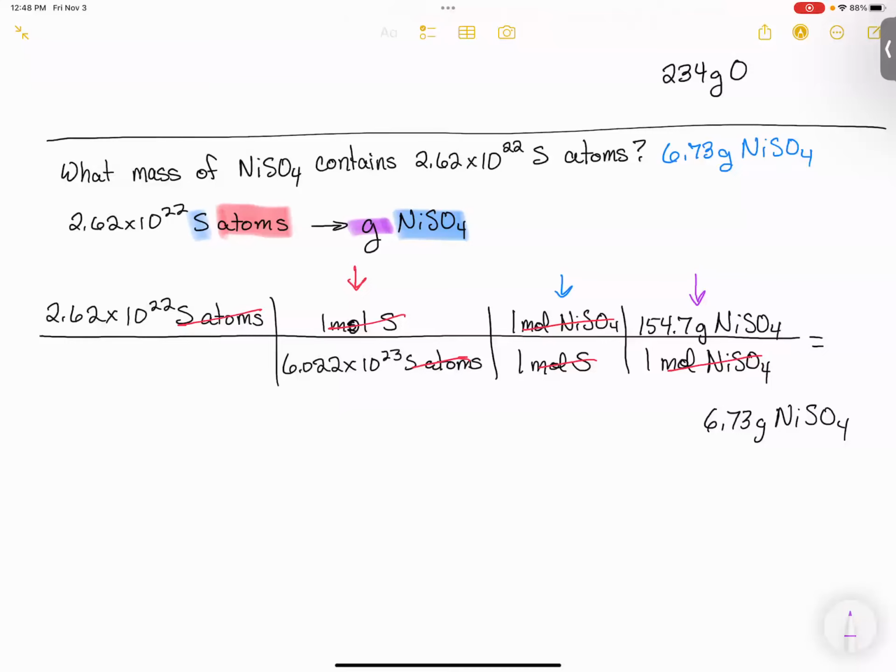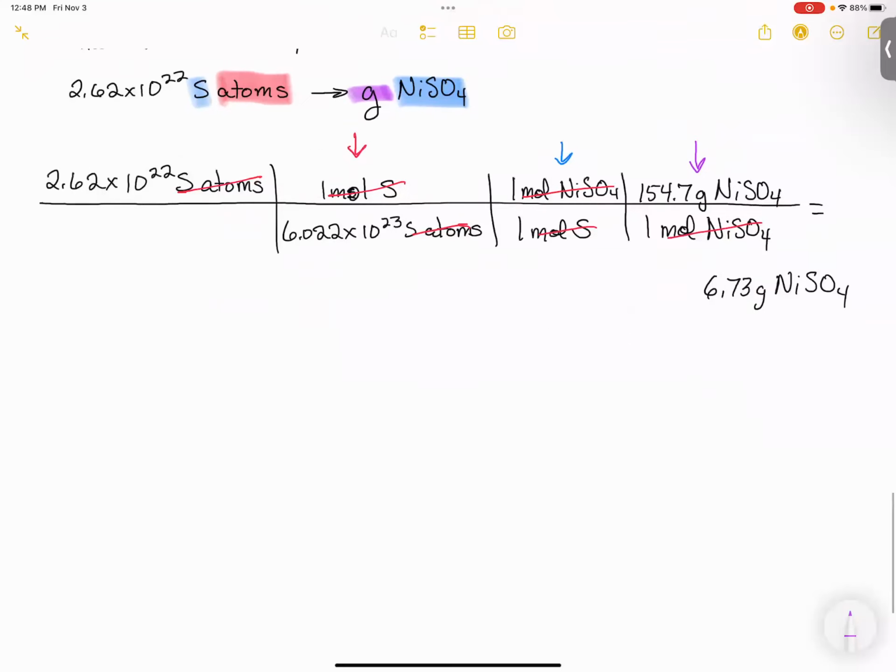Okay, so back to the 154.7. What is that? So what I added is the fact that I had 1 nickel at 58.7 grams. I had 1 sulfur at 32 grams.